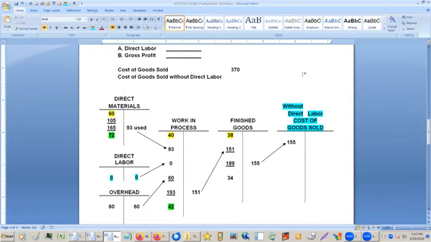So the difference between those two should be our direct labor. $215. So this will be our direct labor.